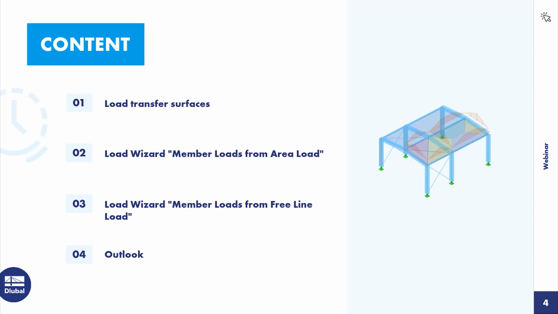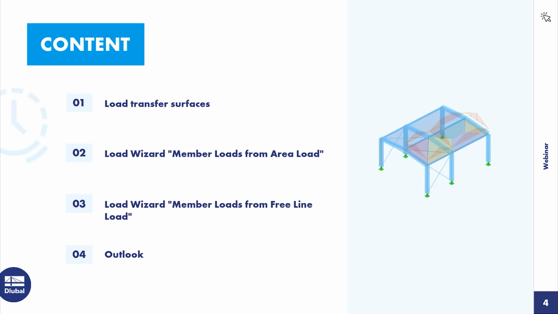But I also want to show you the 2 load wizards, which have the possibility of load transfer. These are the load wizards member loads from area load and member loads from free line load. Last but not least, I would like to give you a small outlook for planned features in comparison with the load transfer function.